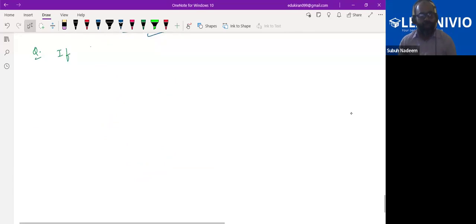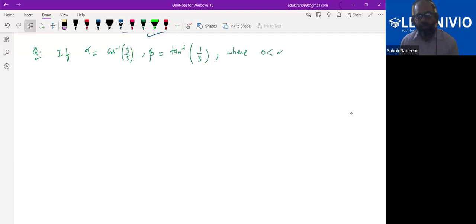So if alpha is equal to cos inverse of 3 by 5 and beta is equal to tan inverse of 1 by 3, where alpha and beta lie between 0 to pi by 2, then alpha minus beta is equal to, options are given, but I'm giving you the answer.